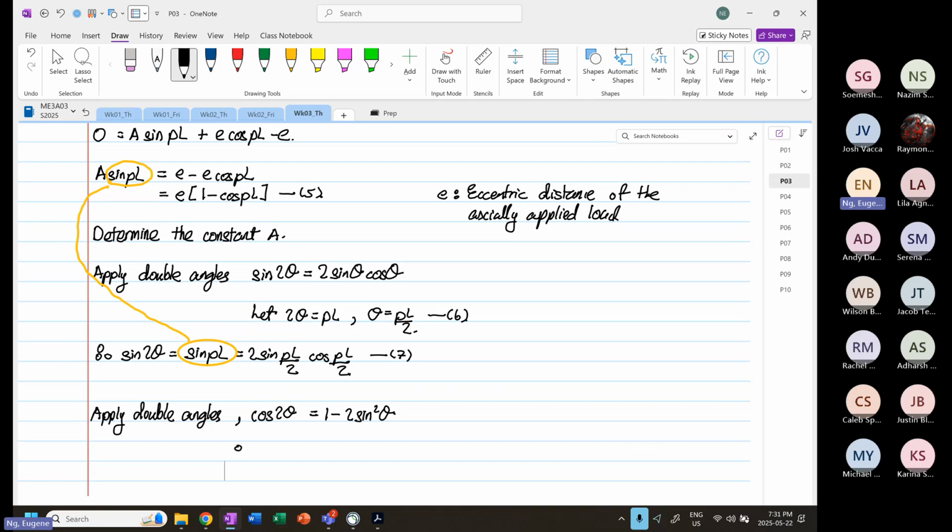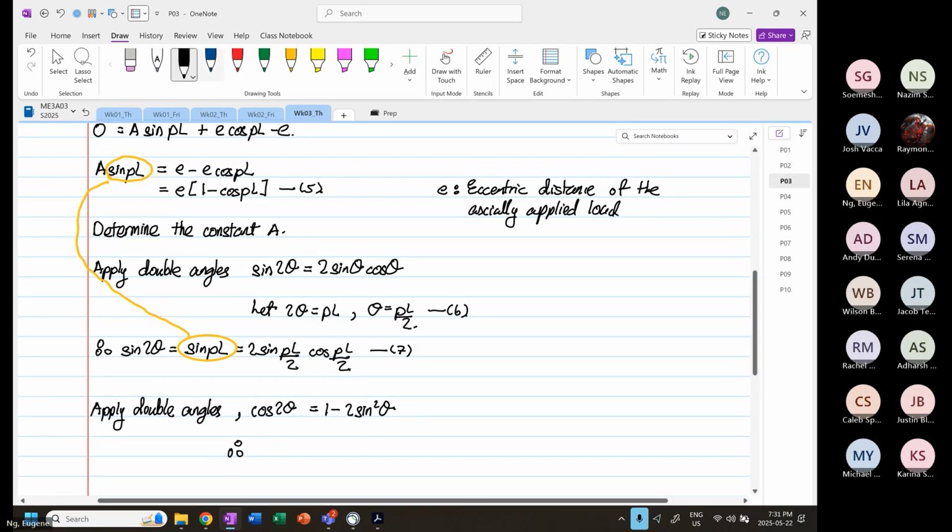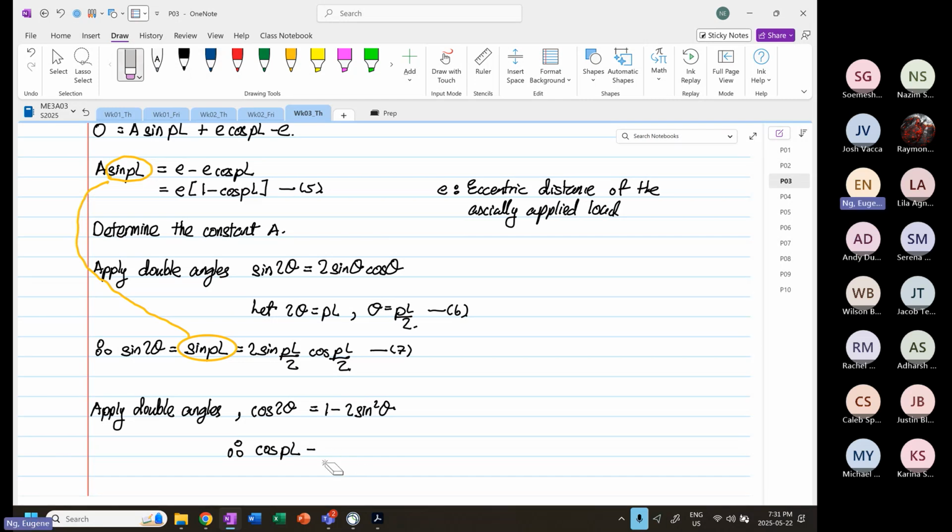Right? So therefore, cos 2θ, we're going to put in cos pL minus 1, equal to 1 minus 2 sine squared pL over 2. Okay, and let me put a bracket.